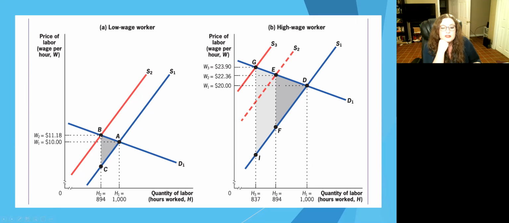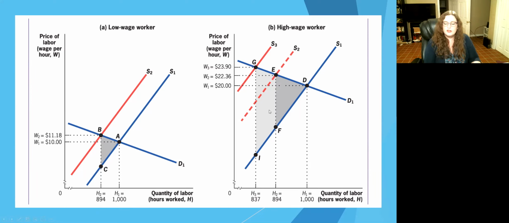So now this same worker needs to make more money to be able to offset this tax. Well, that means that there's going to be much less hours for these low-income workers, right? We've shifted this to a new location. There's less hours worked by these low-income workers, and they do make a slightly higher wage. Notice that we have this deadweight loss created because now there's a bunch of people who no longer have jobs because of the cost of this additional tax.